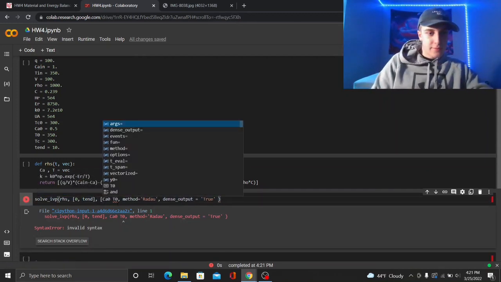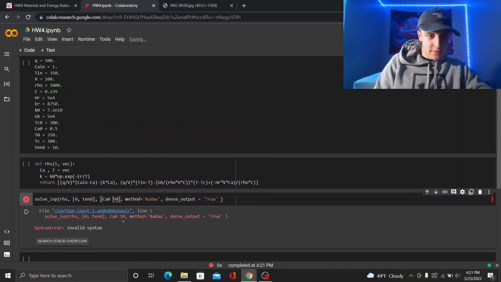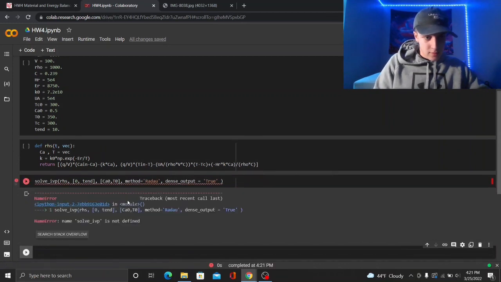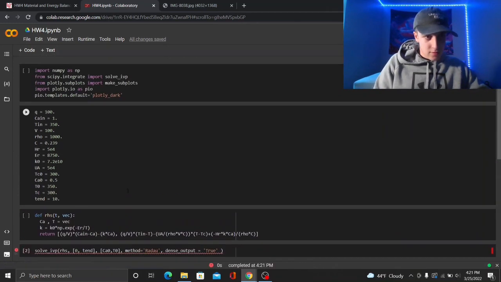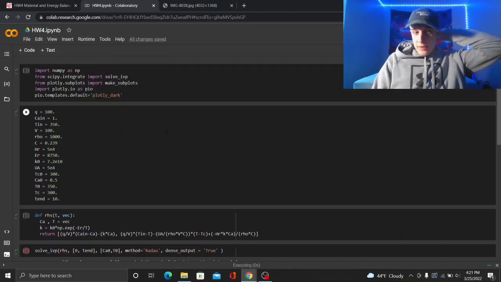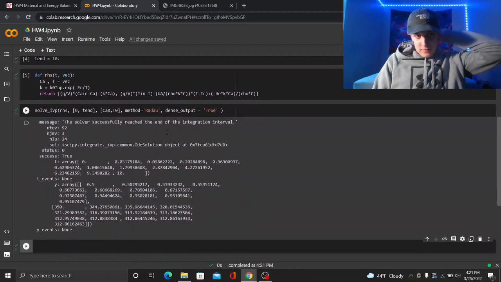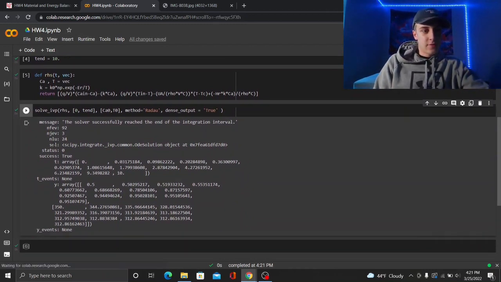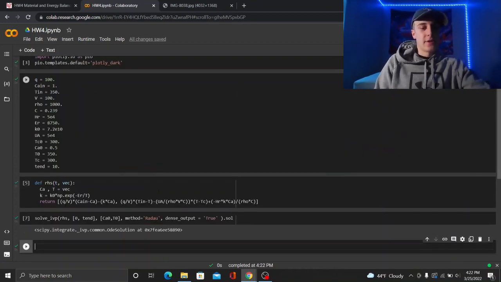This needs to be inside brackets as well. Solve IVP. So I'm just going to run all. And then we are going to want the solution from right here. I'm just going to put dot sol here. So now we have our solution from our solve IVP function.